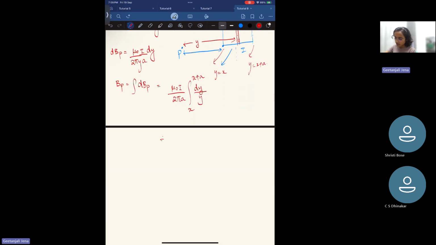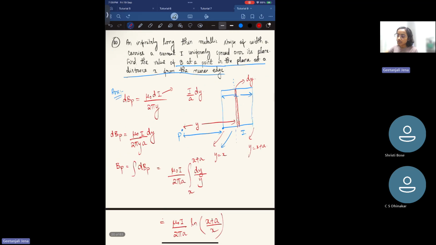This integration is easy. dy by y is ln y, so we get mu naught I by 2 pi a ln of (x plus a) by x. But you can further simplify it.